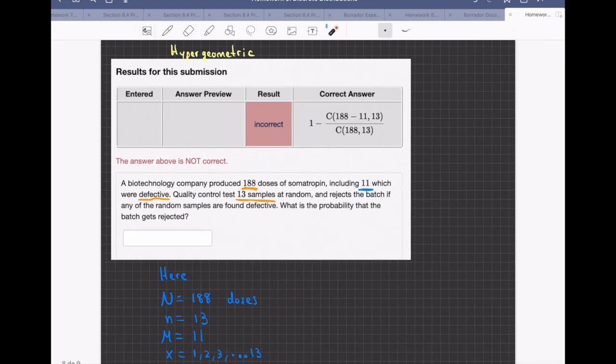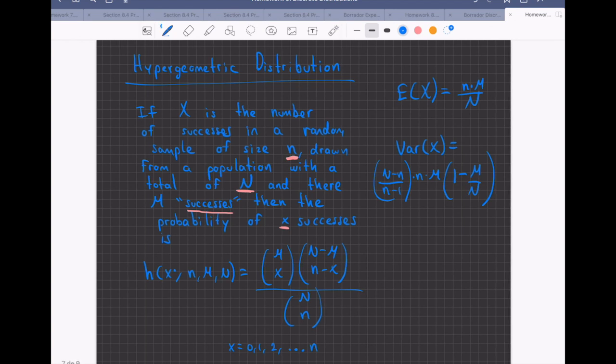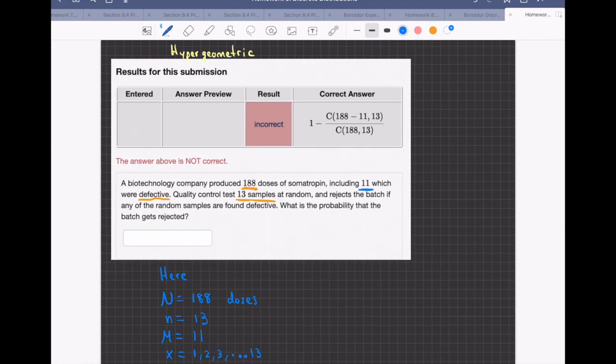By the way, this goes from X equal to 0, 1, 2, and in the worst case, up to M or up to n. Actually, the most we can have defective is 11, right? So it has to be up to M.